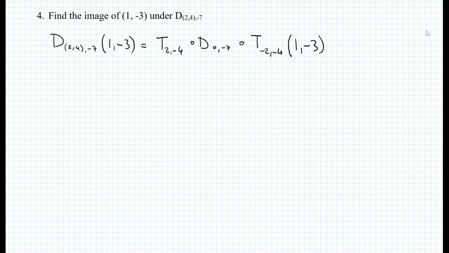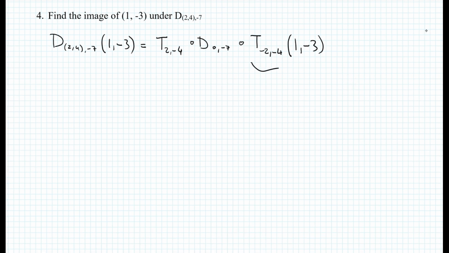So let me write the equivalent steps here. So first, we translate the point (1, -3) by an amount of (-2, -4). So we bring that point back to the origin first. Now, we dilate that point. And then translate it back. Now let's do that. So if you do this here, we translate that point.